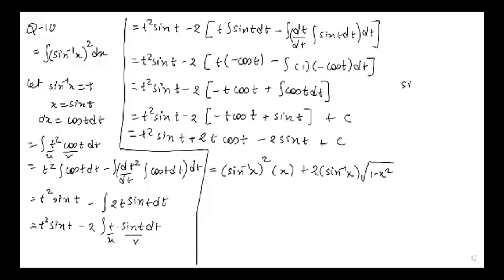If sine t is x, then cos t is root 1 minus sine square t, which is root 1 minus x square. So cos t will be root 1 minus x square. Minus 2 sine t is x plus c.